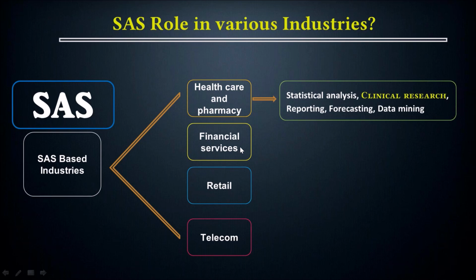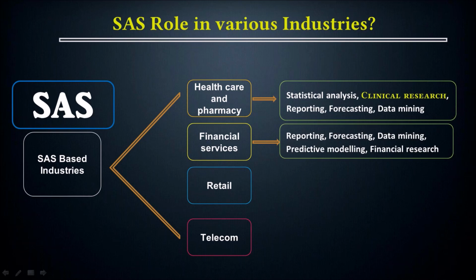Now coming to financial services like banks. In banks, SAS is used to generate reports for customer loans, for example how many loans were sanctioned per customer and the amounts involved. It is used to generate reports, for predictive modeling, or for data mining.